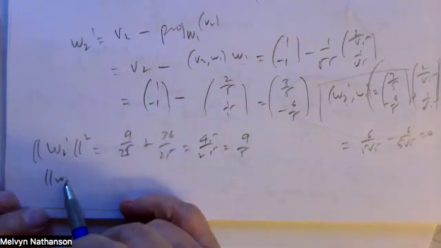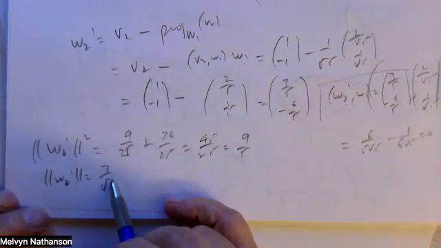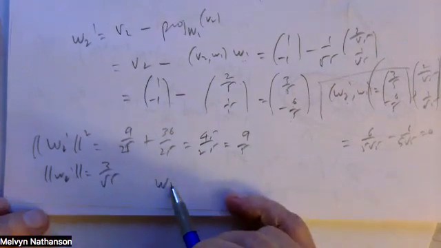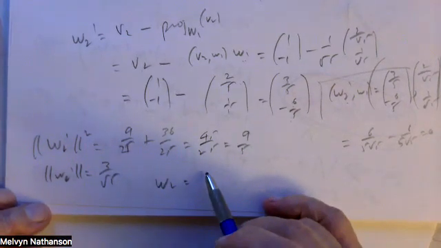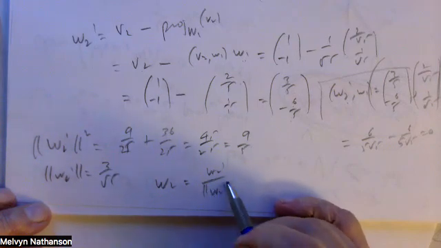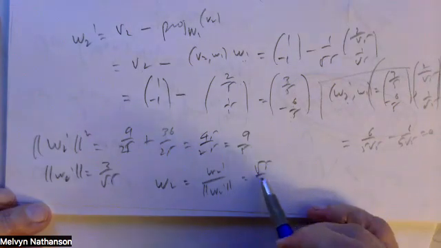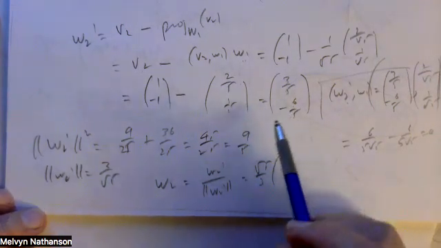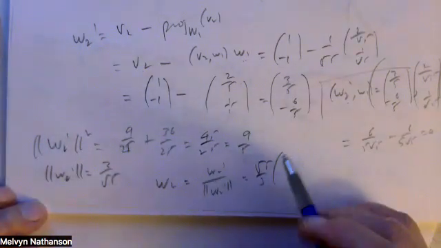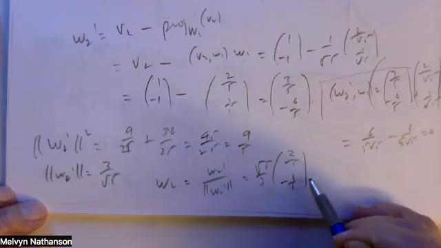So the length of w2 prime is the square root of this, it's 3 over root 5. So I let w2 be w2 prime divided by the length of w2 prime. The reciprocal of this is root 5 over 3 times the vector w2 prime, which was (3/5, -6/5).